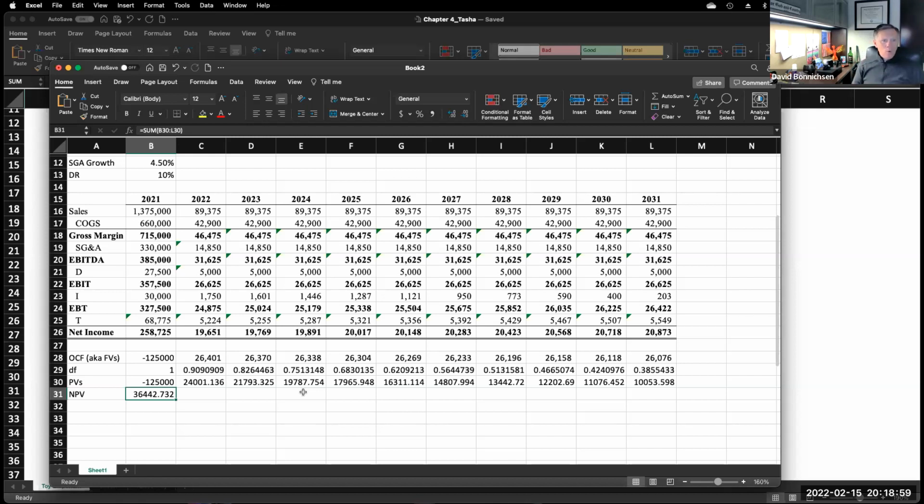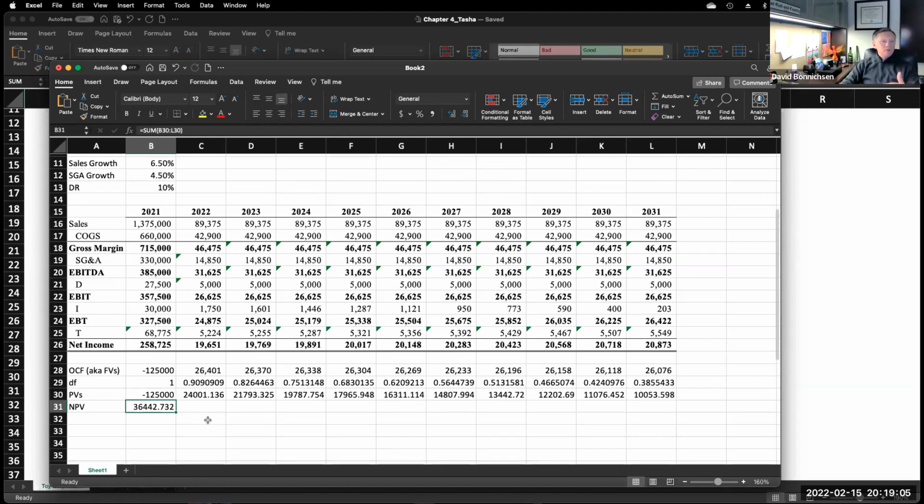Okay, so we're adding value to the firm because the net present value is greater than 0. This project delivers more dollars of value over the 10-year life of the project than we would otherwise get if we kept the $125,000 invested where it currently is sitting.